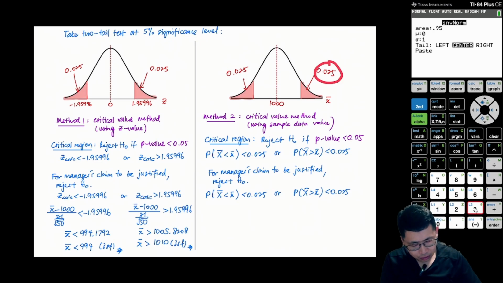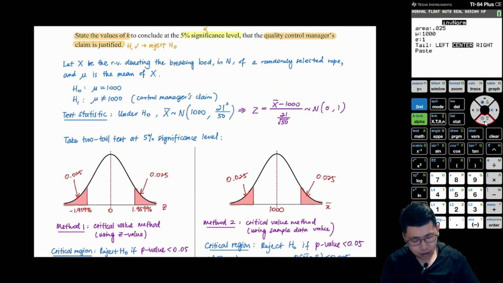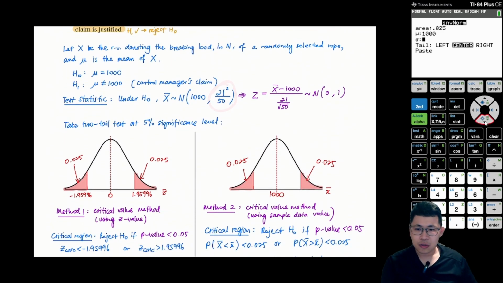So making use of all these things, we are trying to find these two values directly from the sample. So we have our 0.025, the mean is 1000. Now standard deviation would be this standard deviation over here, so I'm going to put in square root of 21 squared divided by 50.